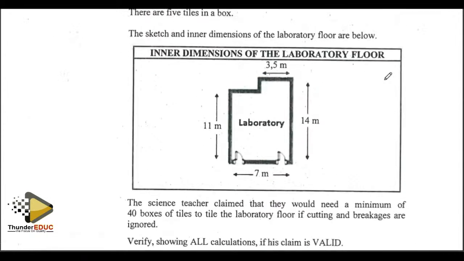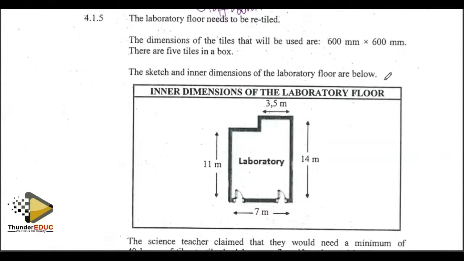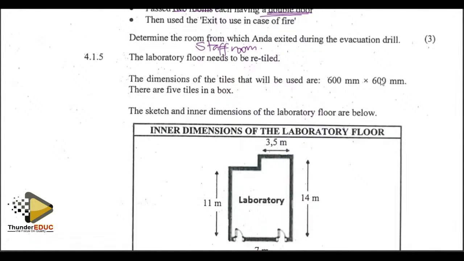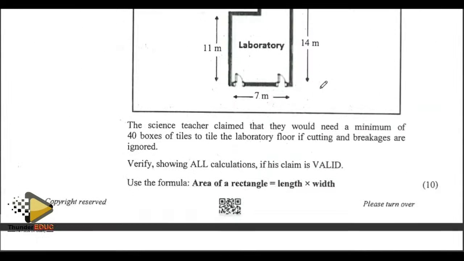So the moment you hear the story like this, you're going to look for the number of what? Number of tiles. The dimensions of the tiles that will be used are 600 by 600, and there are 5 tiles in a box. Okay. All right. Good. 10 marks.